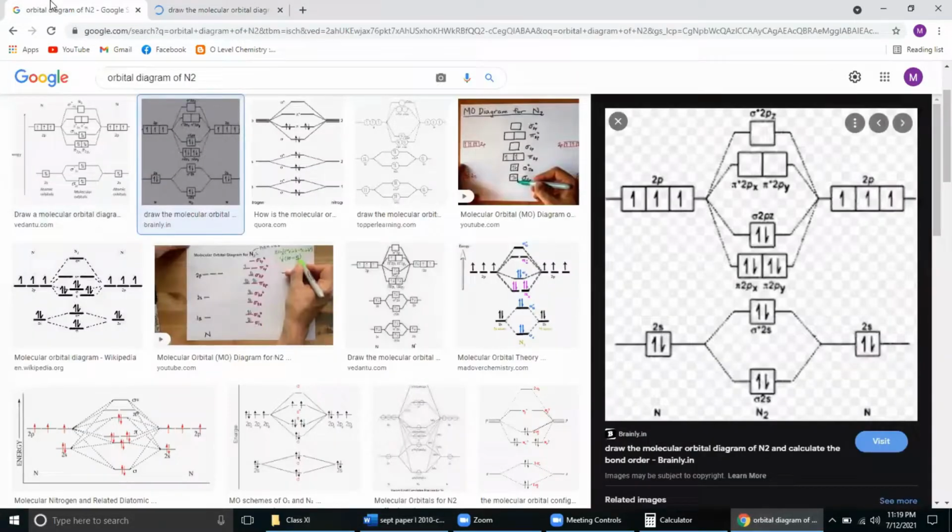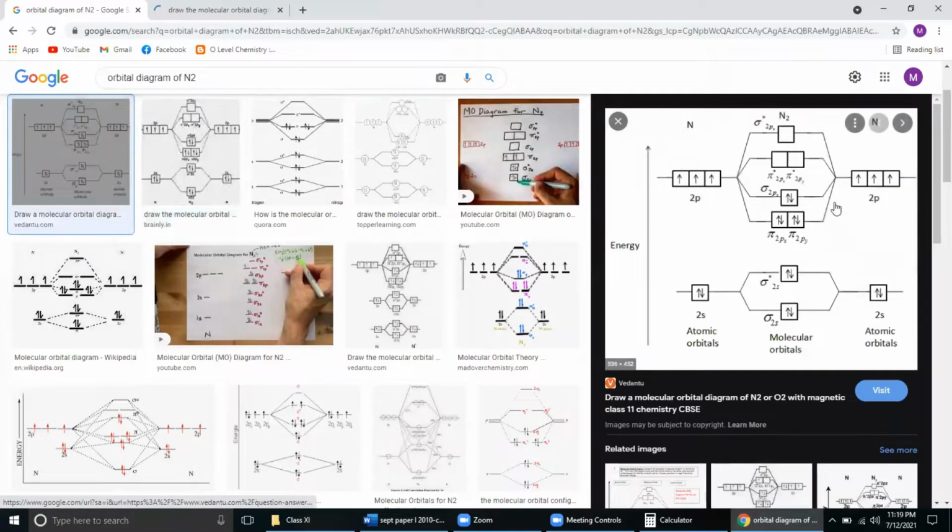and Pz will have higher energy. Here also you can see, when two extra electrons are added, there is no electron in the anti-bonding molecular orbital. These two extra electrons will be filled over here in these two degenerate orbitals, following Hund's rule.